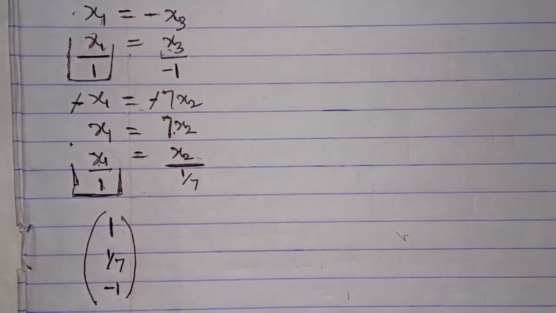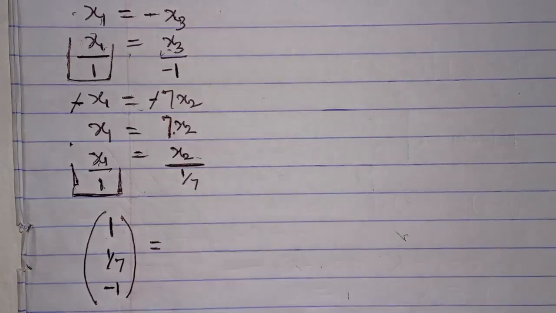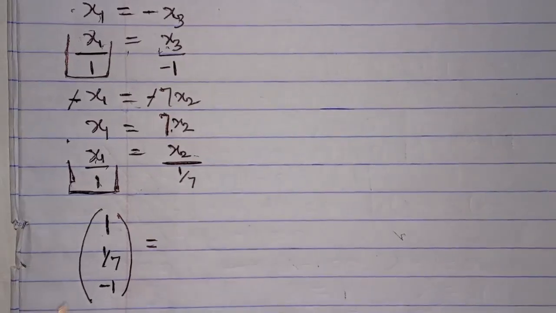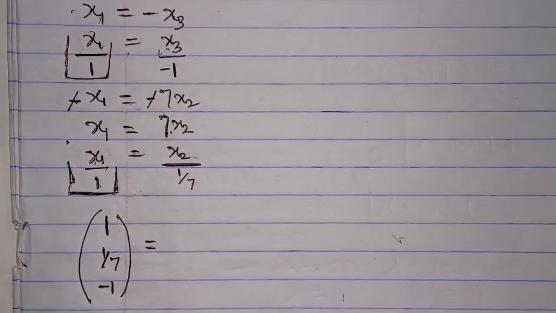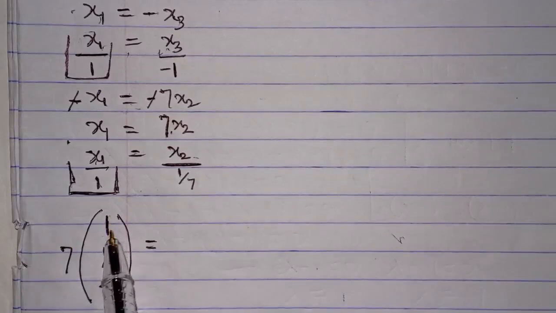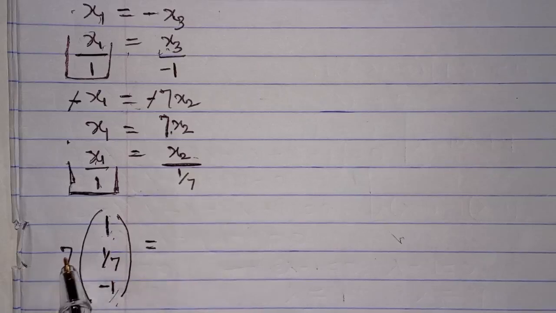The simplest eigenvector here will be this. I'm having 1 over 7 here, which is a fraction. I can do away with the fraction by multiplying this vector by 7, because this is 1 over 1, minus 1 over 1. 1, 7, 1. The LCM is 7. So multiply everything by 7 to clear off all fractions.